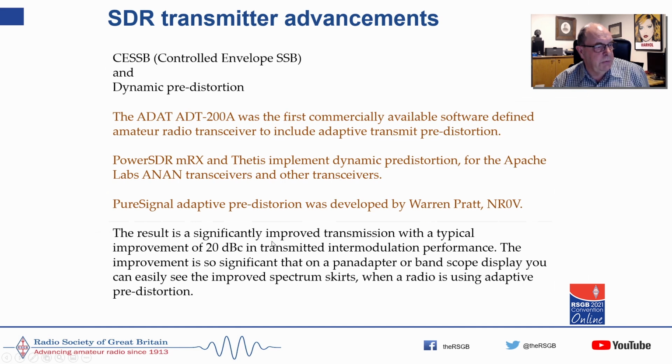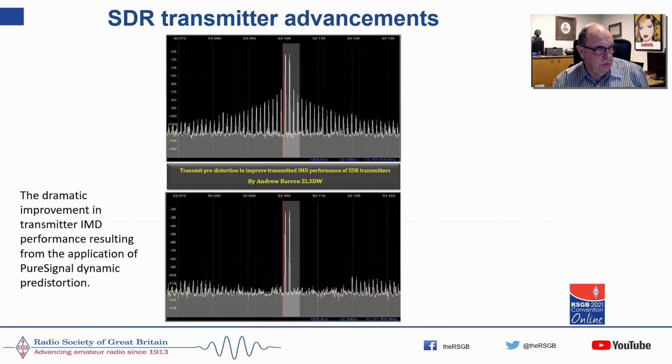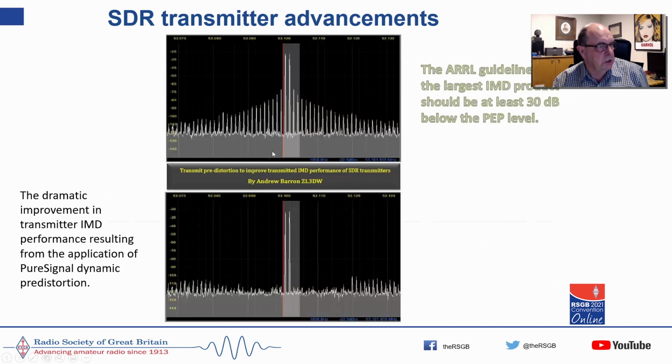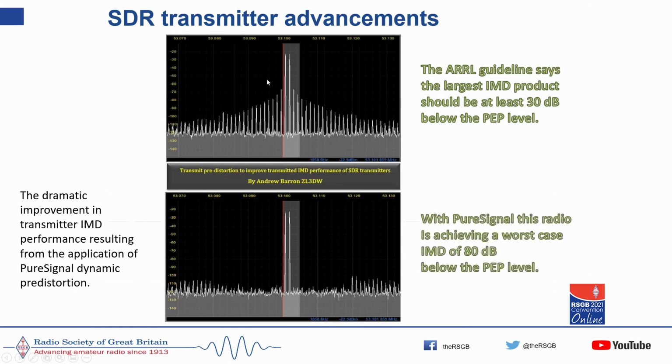You can get a typical improvement of around 20 dB of transmitted intermodulation performance. So there's a typical transceiver with a two-tone test, and this is the IMD that's produced out of that two-tone test. And here's the same transmitter running pure signal, and you can see just how much cleaner it is. It is truly amazing.